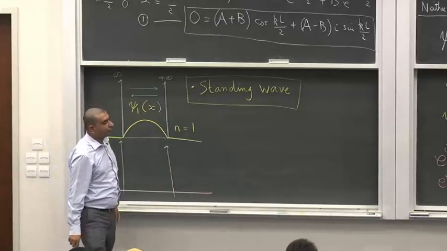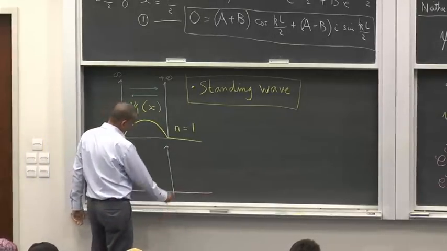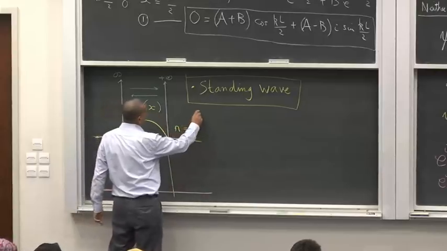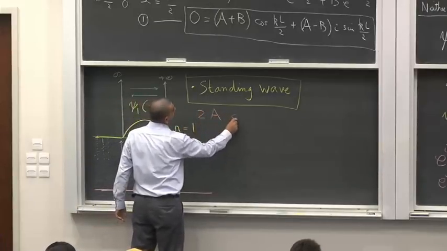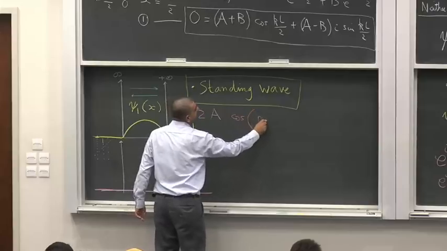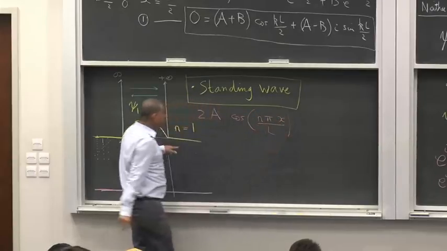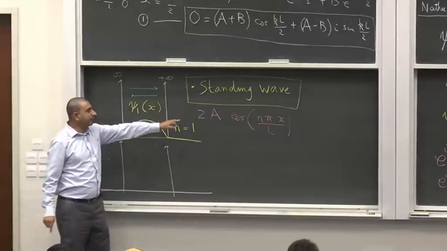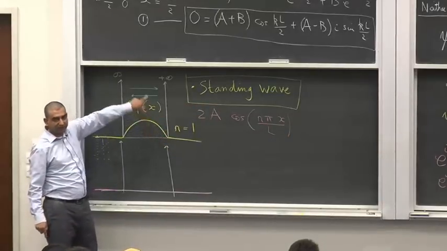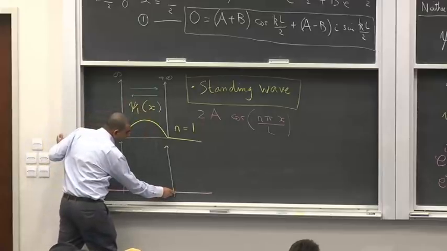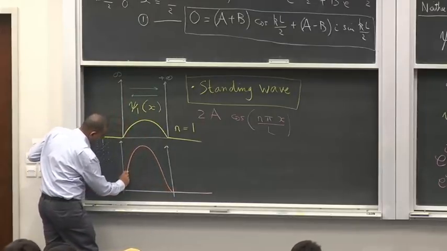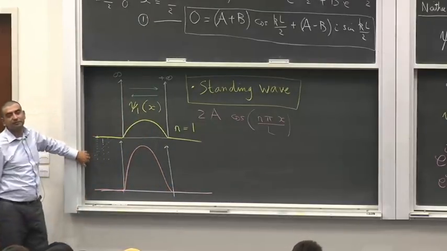And the wave function is 2a cosine of n pi x over L. Even without looking at this mathematical form, you can just take the square of this function, and if I took the square of this function, it looks like this.